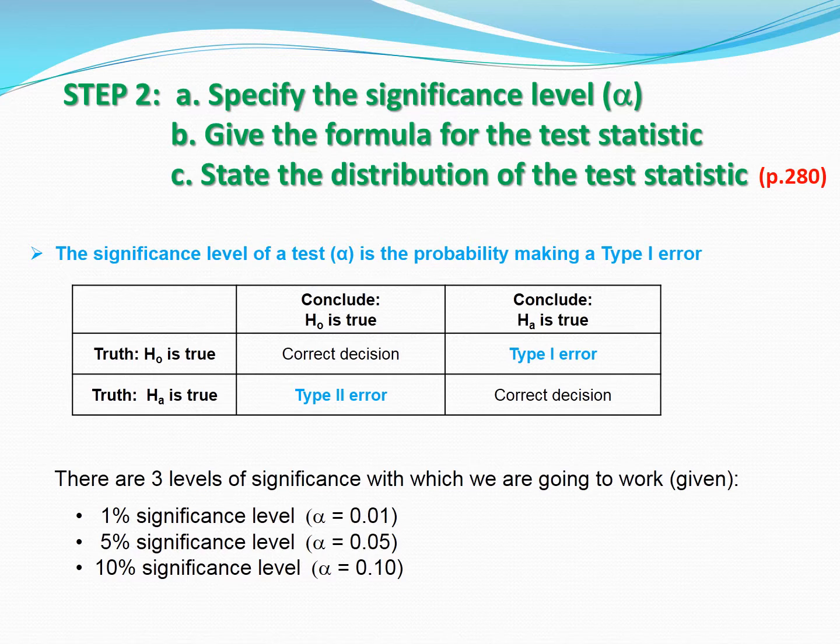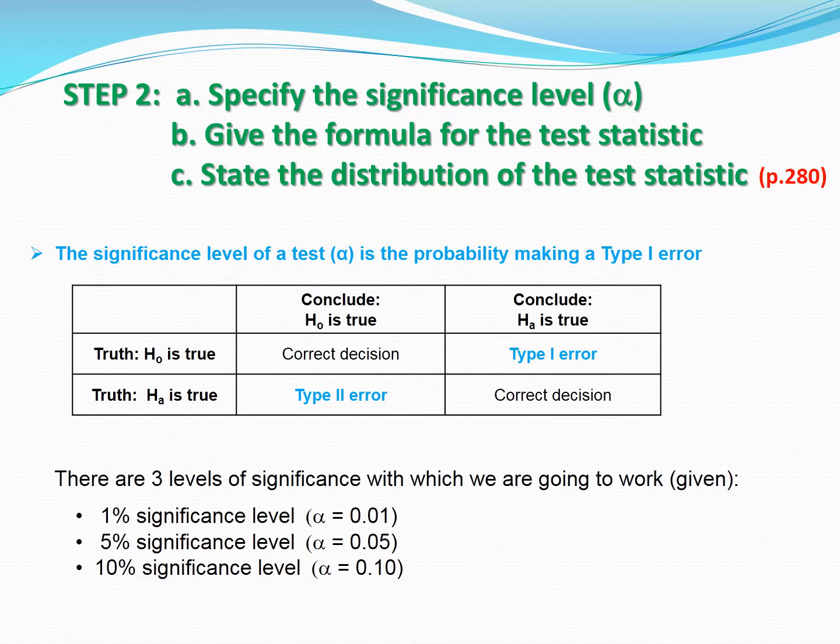So let's look at that practically. If you conclude that your null hypothesis is true, and in actual fact your null hypothesis is also true, then you made a correct decision. Or if the alternative is true and you also concluded that the alternative is true, then you also made the correct decision. But if the null hypothesis was true and you concluded that the alternative is true, then you made a type 1 error.